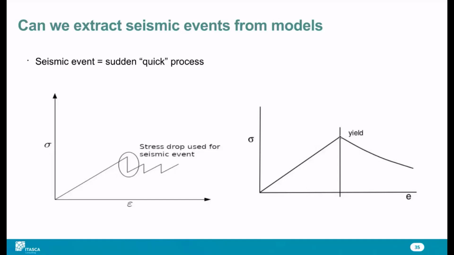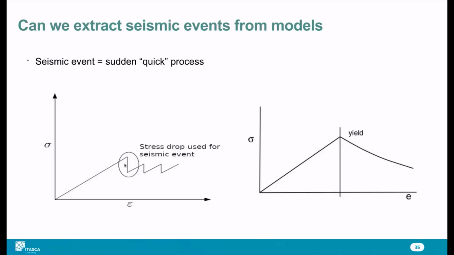So let's say, for example, we reach this point, we drop to a new residual value and then follow a different path in the softening curve. We currently have no way to exclude the rest of the softening. To model seismicity, we really only want to record this part, this brittle process here.